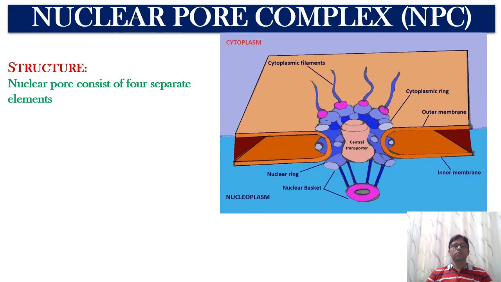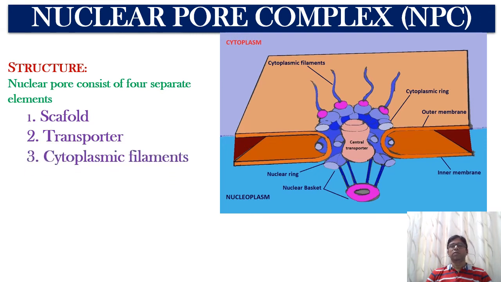According to this model, the nuclear pore consists of 4 separate elements. They are number 1, scaffold, number 2, transporter, number 3, cytoplasmic filaments, and number 4, nuclear basket.